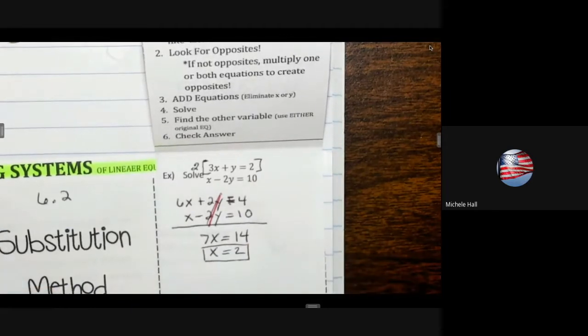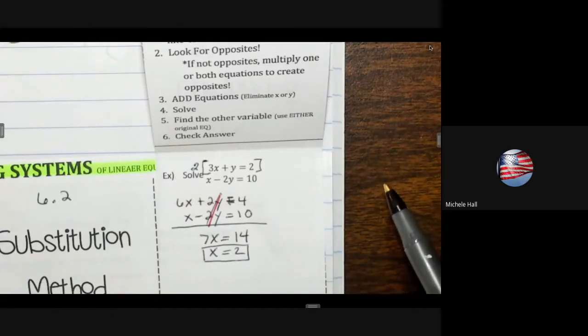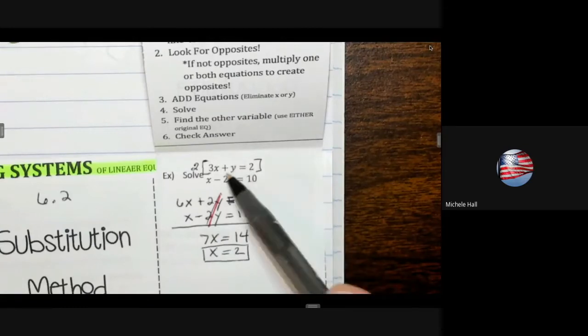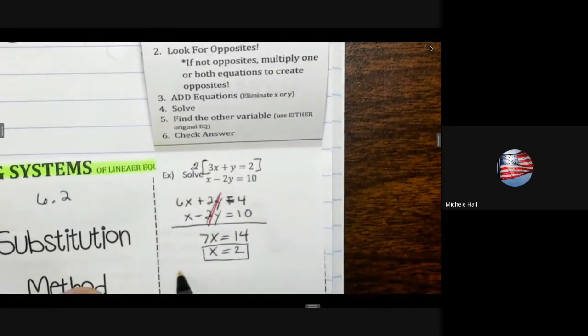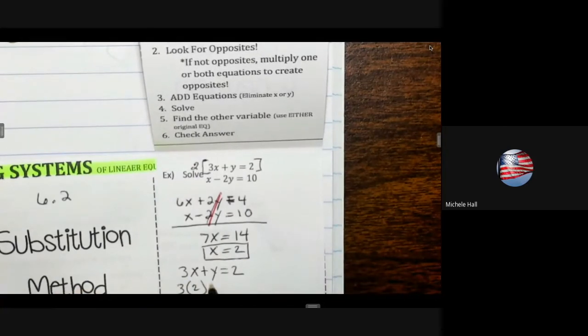Then I go back and I substitute it into one of the equations. I need to substitute in that x is 2. Let's go with the first equation. We have 3x plus y equals 2. I'm substituting in for x, so that's 3 times 2 plus y equals 2.